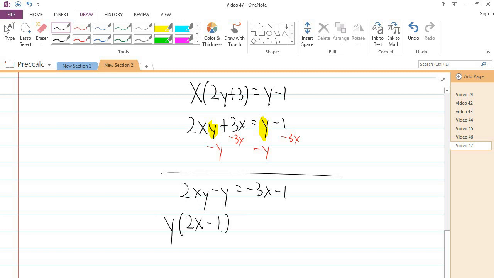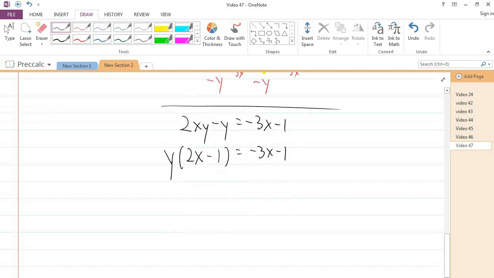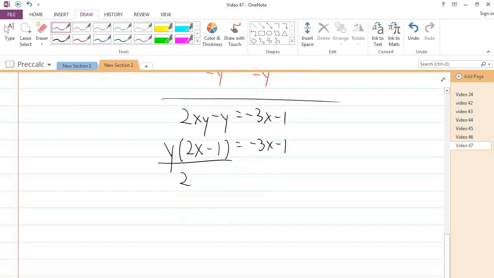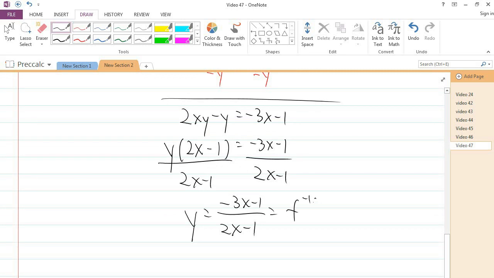If you factor everything out of a term, 1 is left over all the time. So I factored out that y, and now I can divide it to the other side. And that is f inverse.